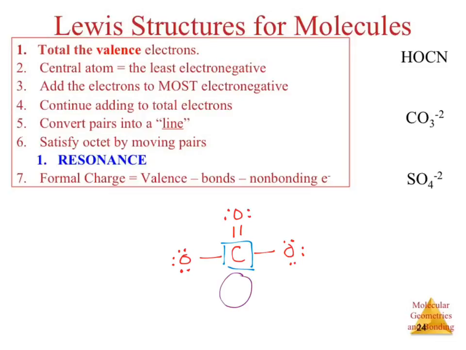So take a look at this domain. Are there any electrons there? No. Take a look at the next face of the domain. Are there electrons there? Yes. The next domain. Are there electrons there? The next domain. Are there electrons there? How many electron domains are there? 3.